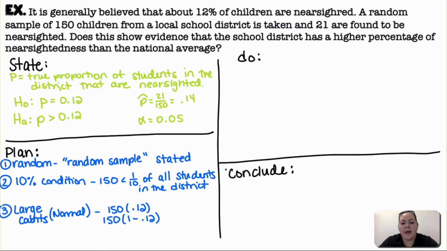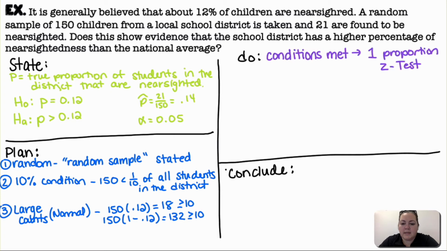I know that we used p hat when we were doing confidence intervals, but that was only because we didn't know p. If you have p, you're going to use p. When you don't have p, then you fall back to using p hat. So when I'm checking the conditions, make sure you're using p, and both of those values are greater than 10. So the conditions are met, and we're going to be doing a 1 proportion z test.